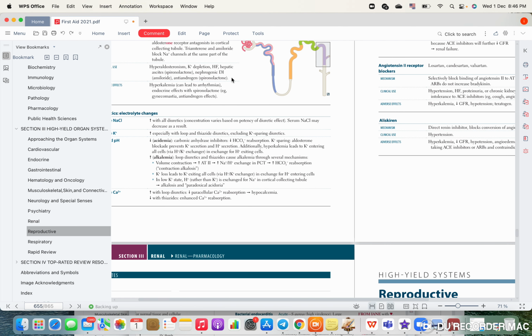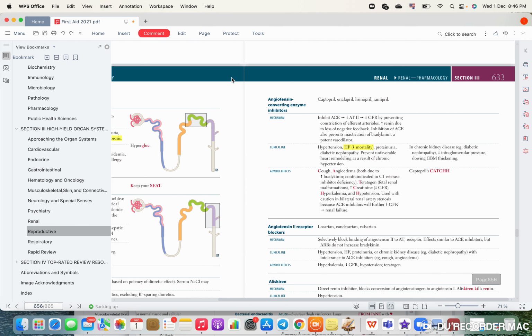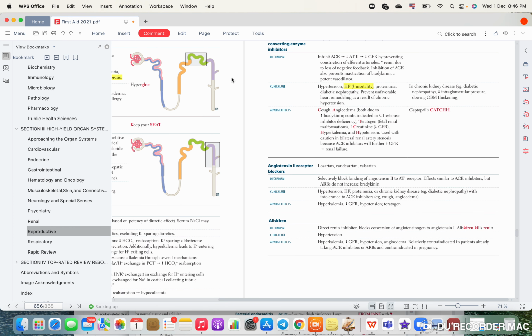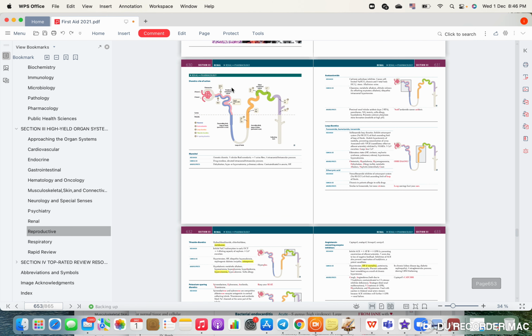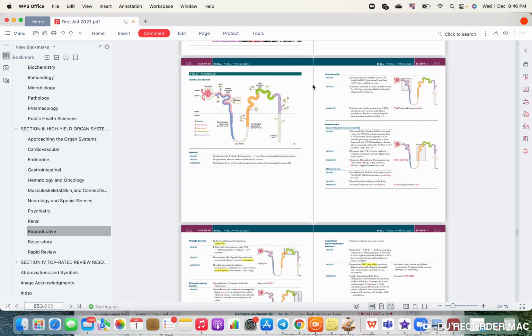Okay, so if we speak about the ACE inhibitors and ARBs, what leads to the cough? Okay, and which substance leads to the cough? Is it low bradykinin or high bradykinin leading to the cough? High bradykinin. Okay, if we speak about the diuretics, which one of the diuretics leads to high potassium?